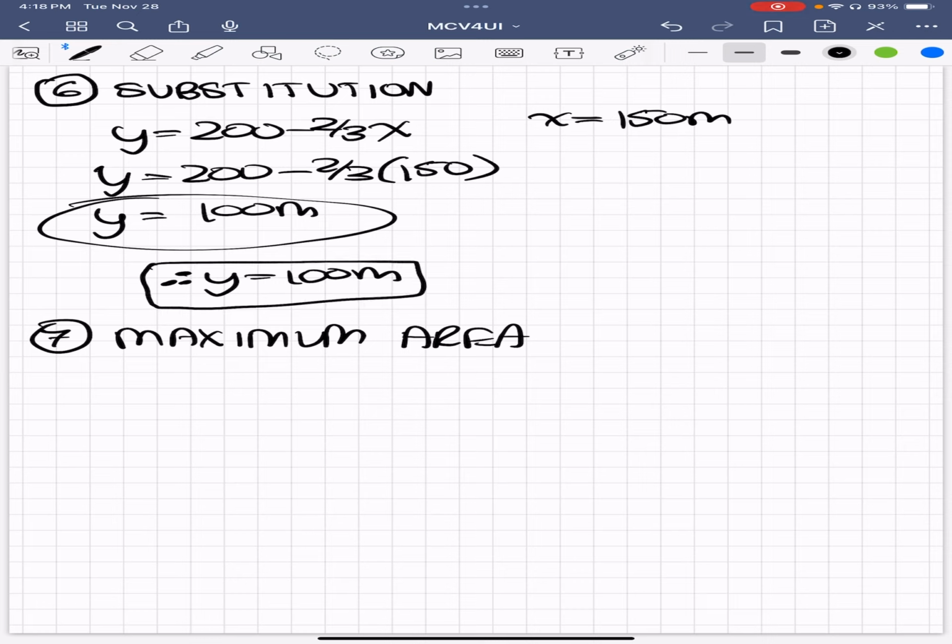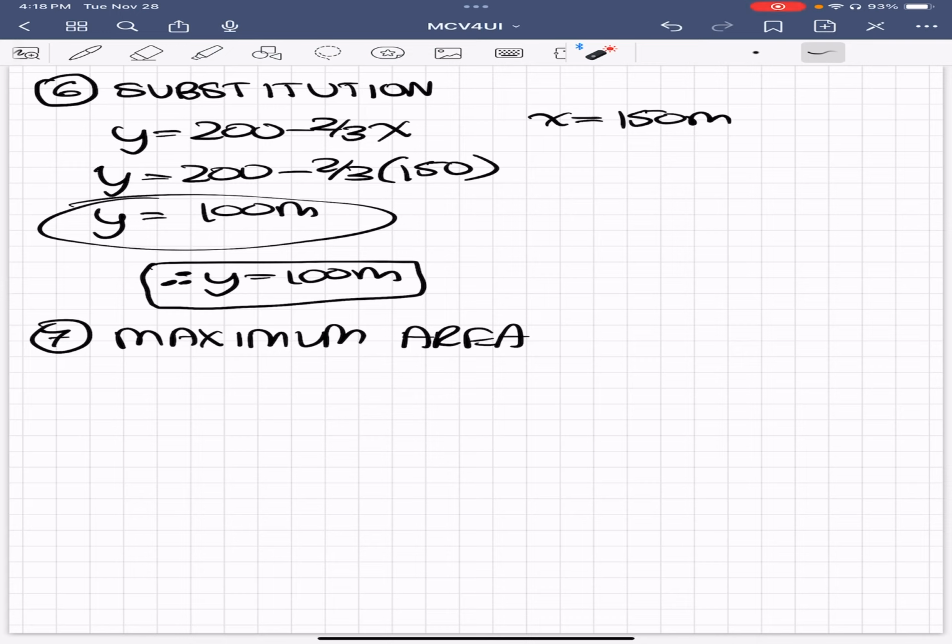So y is 100 meters. That is the maximum length of y. So we substituted the critical number that we found, x equals 150 meters, into the isolated y equation. And when we did that, we found the maximum length of y.